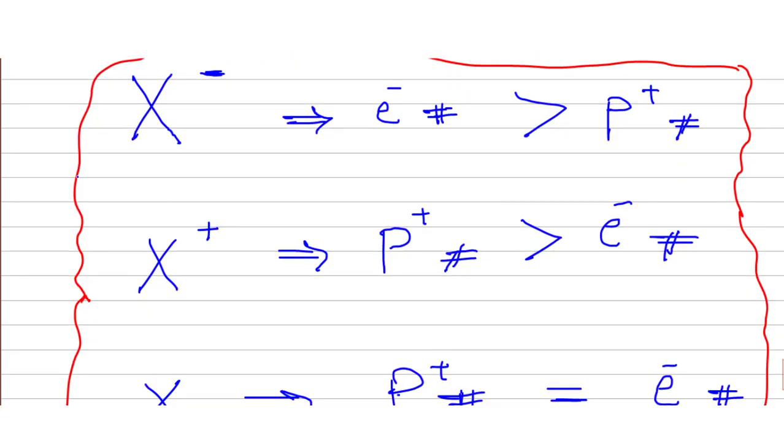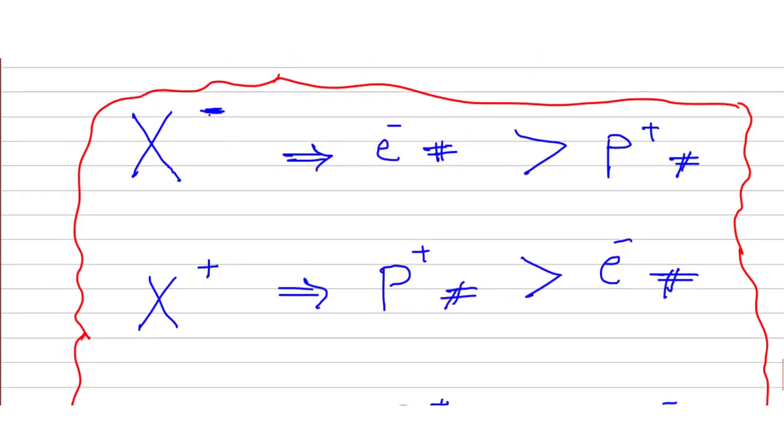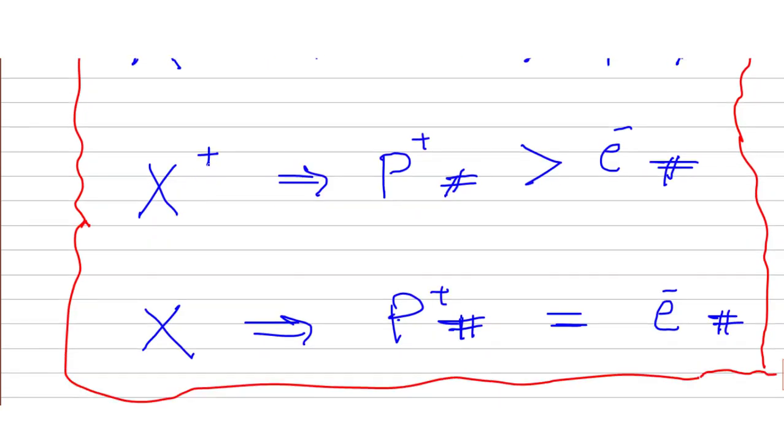Also we should memorize if we have a negative charge, whether it's 1-, 2-, 3-, or whatever, this negative charge at the top right of the symbol of any element means we have number of electrons bigger than number of protons. If we have a positive charge at the top right of the symbol of any element, it means in this case number of protons is greater than number of electrons.